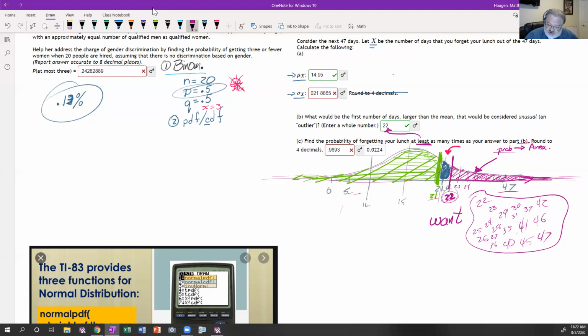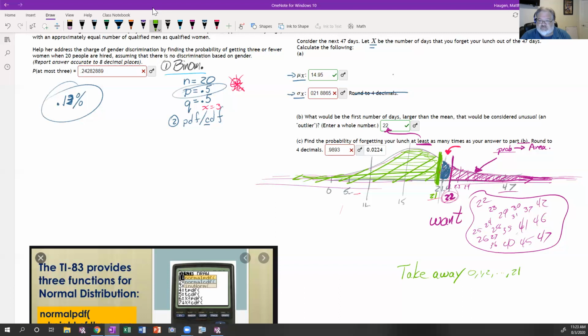So to do that, what are we going to have to take away from this curve? If that's what we want, what are we going to subtract? 22. We're going to subtract 0, 1, 2, all the way up to 21.